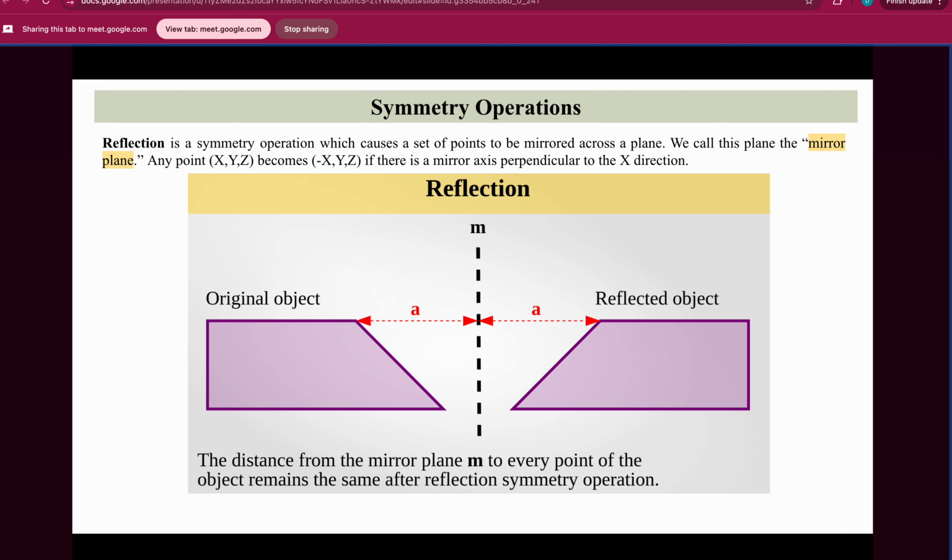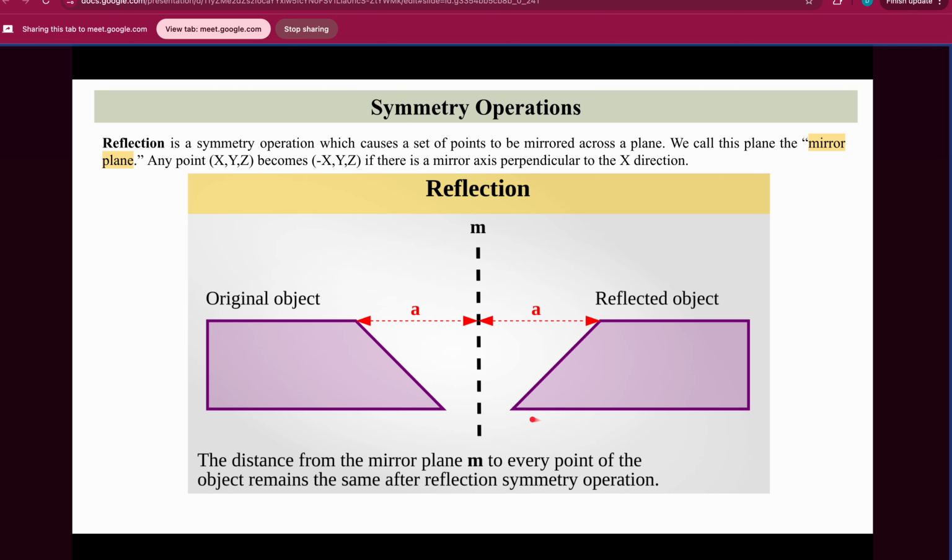Now, what is happening to my x, y, and z points? x, y, z are the three axes. In this case, if the mirror axis is perpendicular to the x direction, then there will be a change only in the x-axis. Now my x-axis has become negative, whereas my y and z axes are still the same. So reflection is changing only one of my axes, and that axis is the one which is perpendicular to the mirror axis.